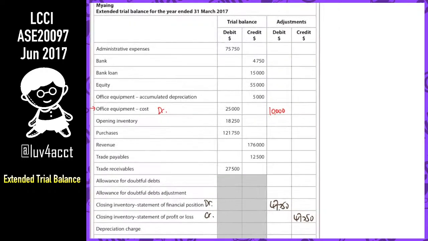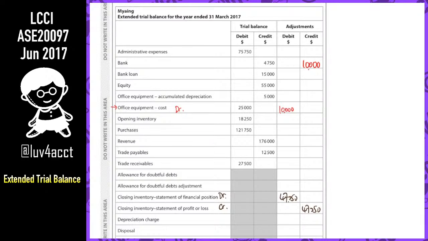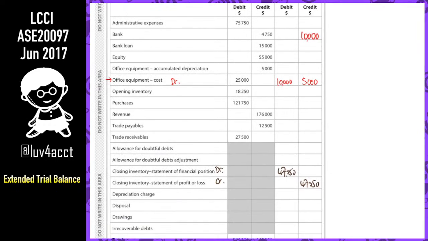So 10,000 here. And disposal 5,000 here. Credit because you want to reduce, so go to the disposal account, 5,000. And then accumulated depreciation.